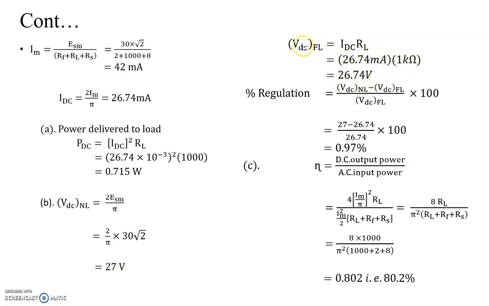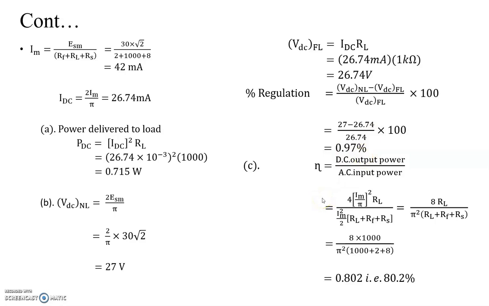Substitute and find out VDC full load. Knowing VDC no load and VDC full load, just substitute in the formula and find out the percentage regulation. So we will have 0.97 percent. This is the answer for part B.